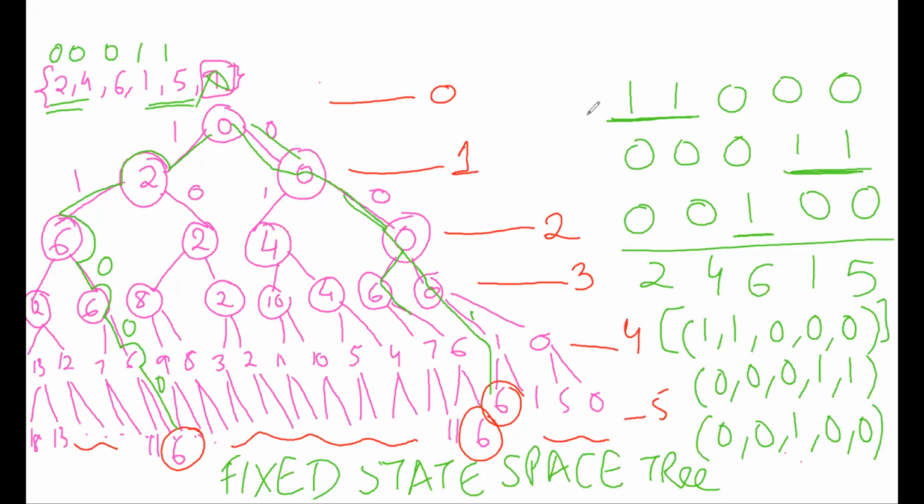Although we are making the entire tree, when you write a program, you know certain things about your problem that you will not need to explore all the trees. We'll come to that later. But for now, this is one way of representing your state space tree, in the sense, one way of projecting your possibilities in front of your program and then asking your program to search for a solution from this state space tree. This is called the fixed state space tree. Let's go back here first.